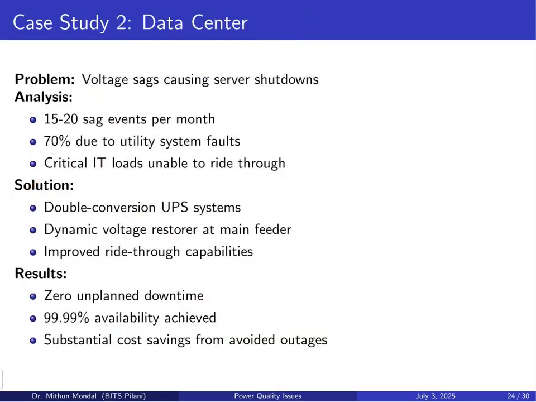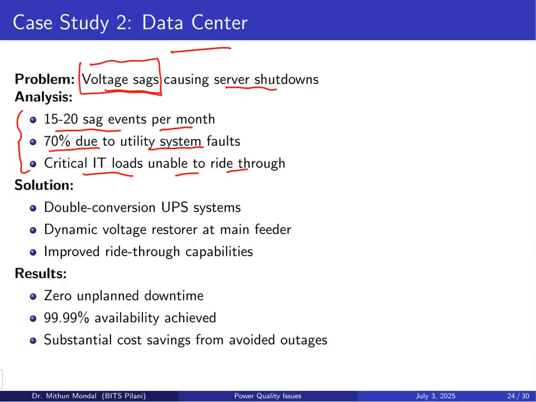Let us take the second case study in the data center. The problem is that voltage sag is causing server shutdown. Let us do the analysis. The analysis says that 5 to 20 sag events occur per month, 70% due to utility system faults, and the critical IT load is unable to ride through. So these voltage sags in the data center are causing the server shutdown, and prior analysis has been done, so the conditions have been obtained.